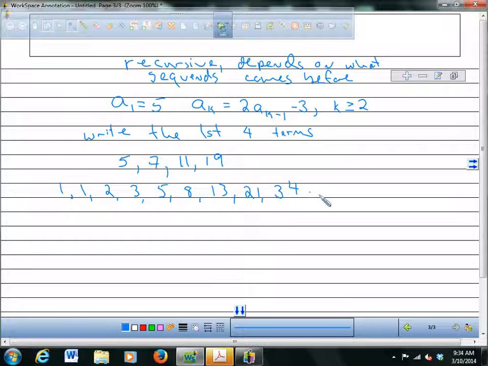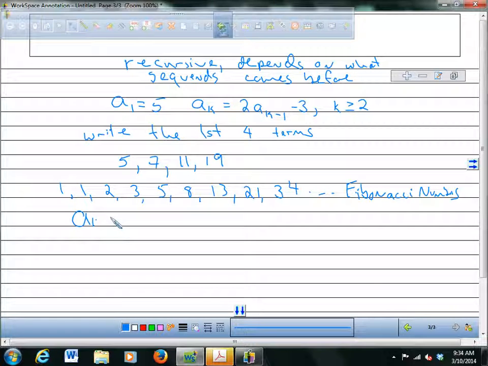Okay, who knows what that's called? That's called a Fibonacci sequence. Good. Fibonacci numbers or sequence. And what's the pattern? Who could give me a recursive definition of how to find it? What's a sub k?